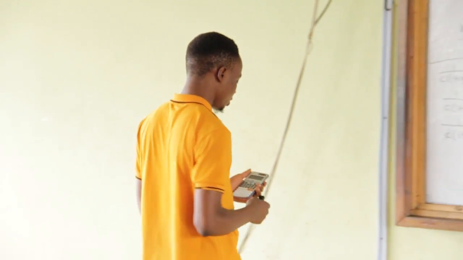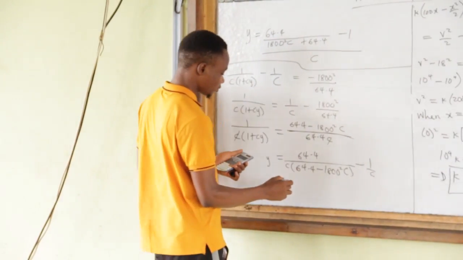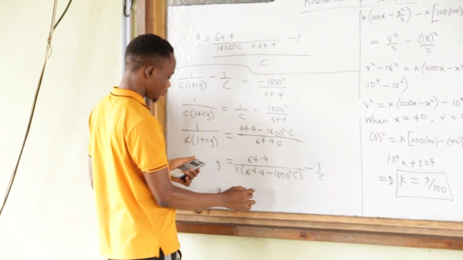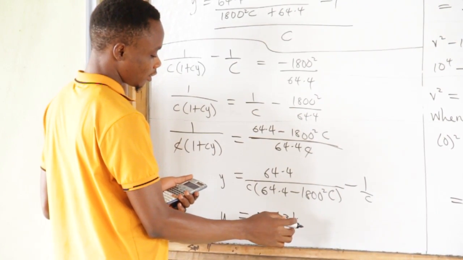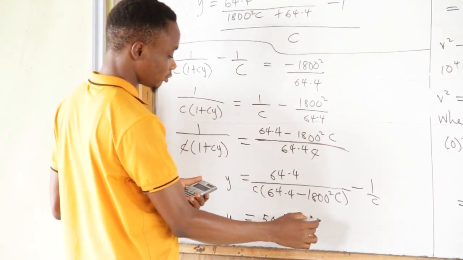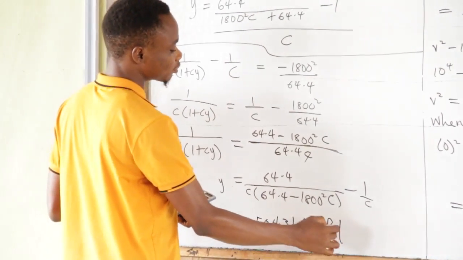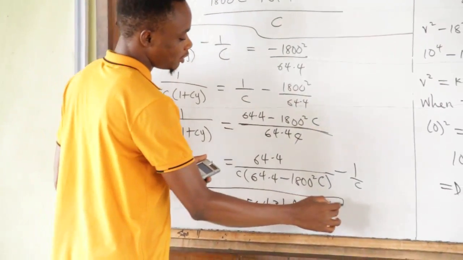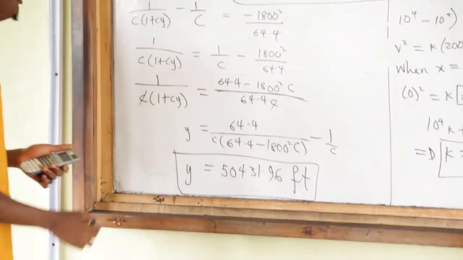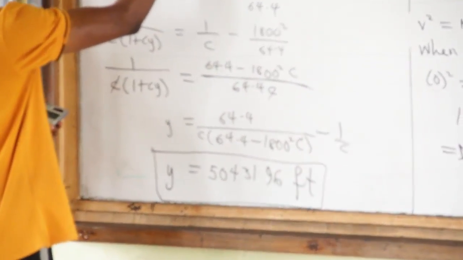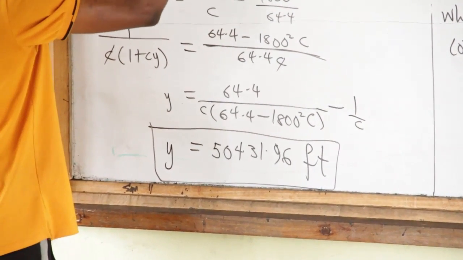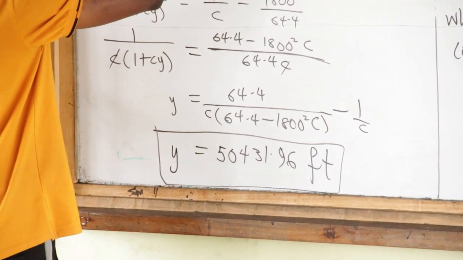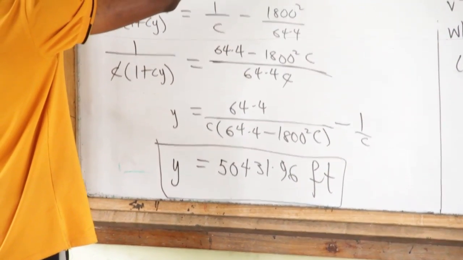You should get 1 over 20.9 times 10 to the power 6. You get that? Yes. You said C is equal to 1 over, using the formula, 20.9 times 10 to the power 6.